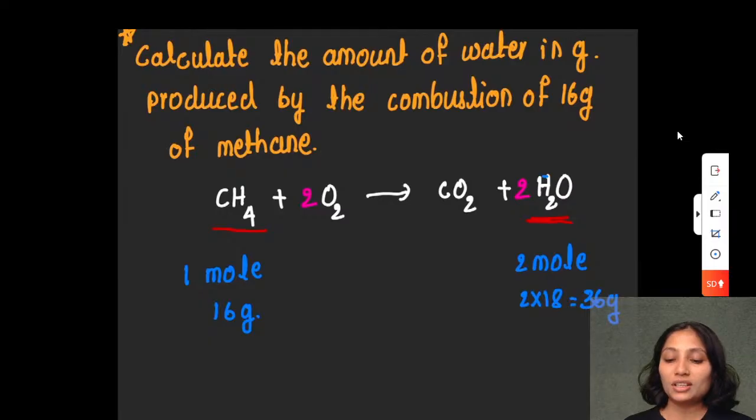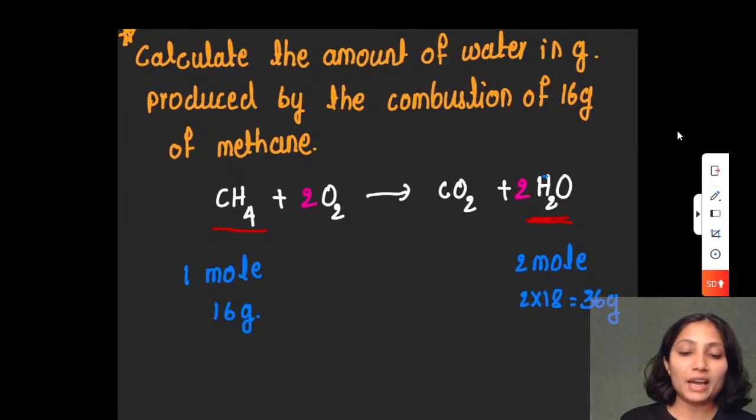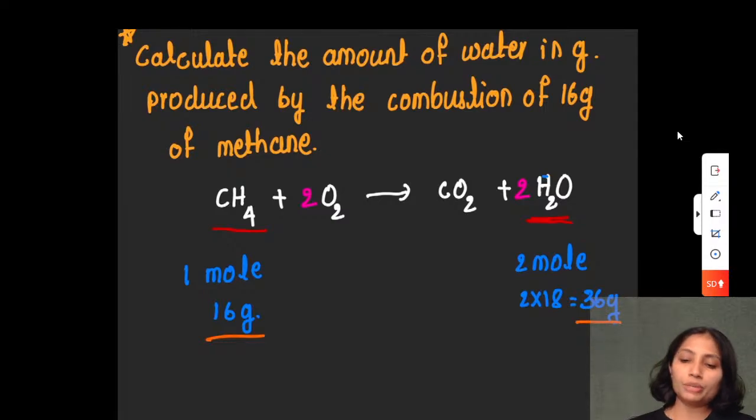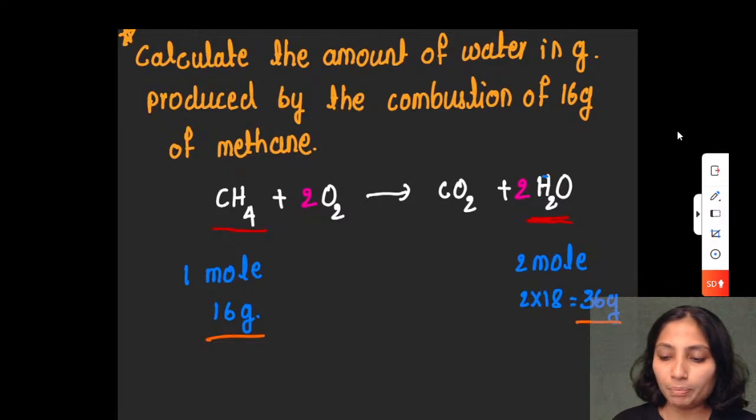In the question, we are asked how much water the combustion of 16 gram of methane produces. Here, after balancing, we directly got the answer. 16 gram of methane is producing 36 gram of water. No need of further calculation. Is there any confusion in this one? I hope there is no confusion, because it is very, very simple.